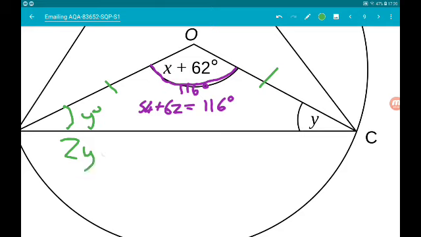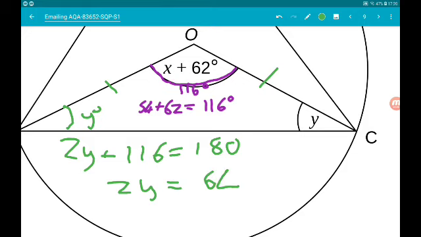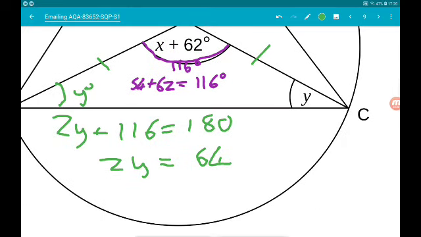So 2y add 116 is equal to 180. Take the 116 away. 2y is 64. And then divide by 2, y is 32 degrees. Cool.